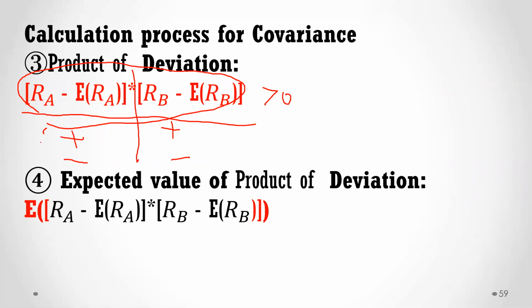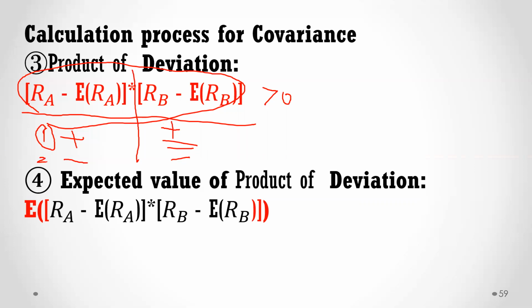In case 1, if RA's deviation is positive, that means that on that particular day, stock A's performance is higher than its average. So we can say that A performs well. Similarly, if B's deviation is positive, that means that on the same day, B also outperforms its average. So the product is positive, which means they move in the same way. When A performs well, B also performs well.